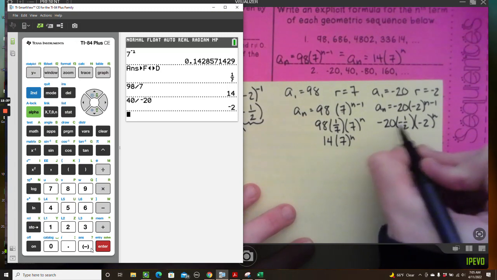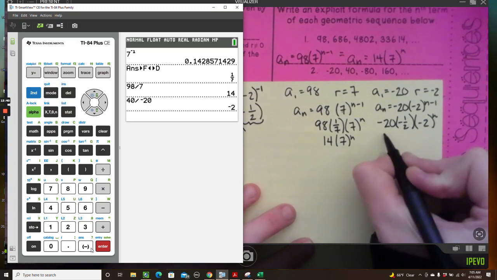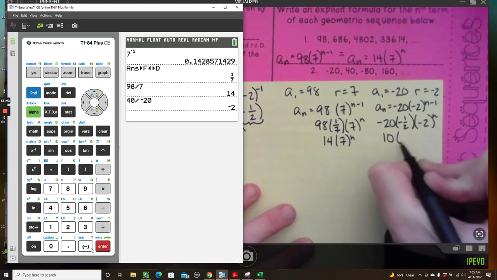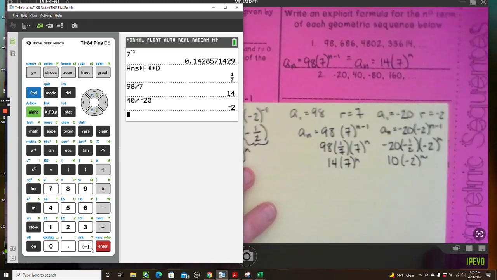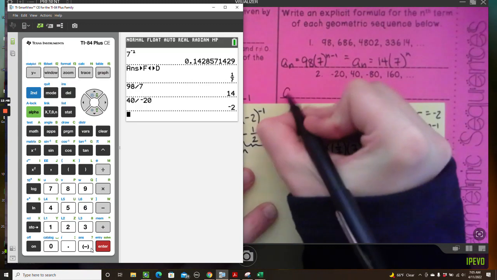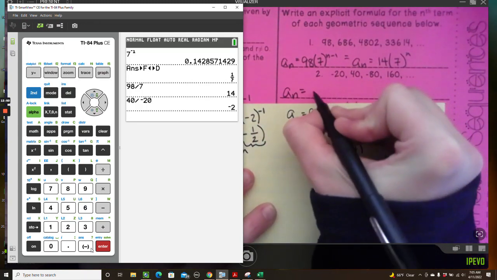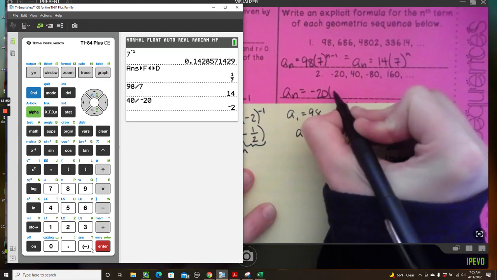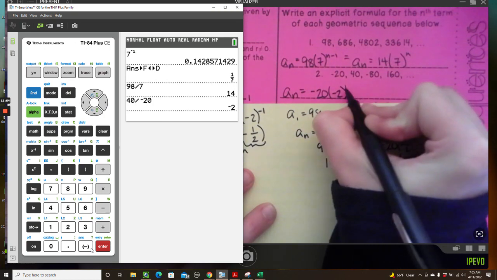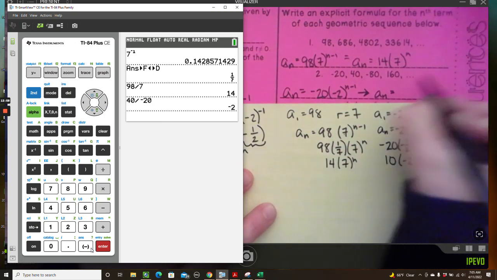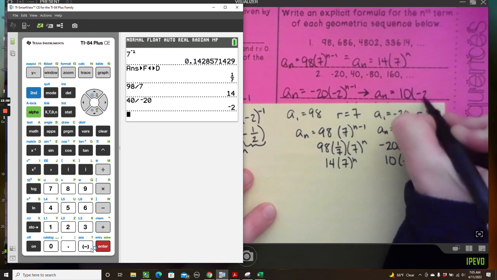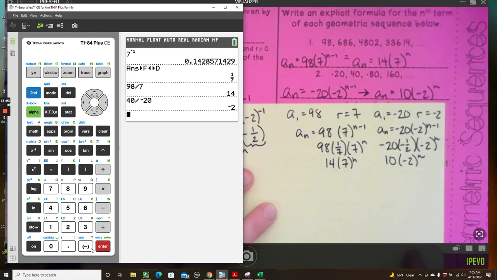So negative 20 times negative 1/2 is a positive 10, and I still have the negative 2 to the n power. So unsimplified, I've got negative 20 times negative 2 to the n minus 1. Simplified, I've got 10 times negative 2 to the nth power.